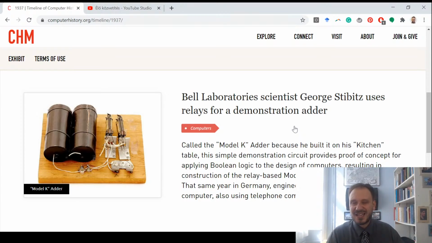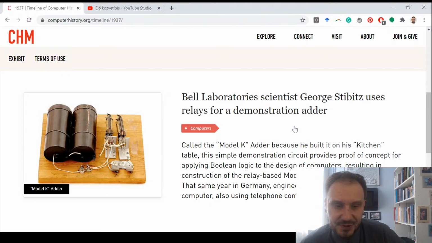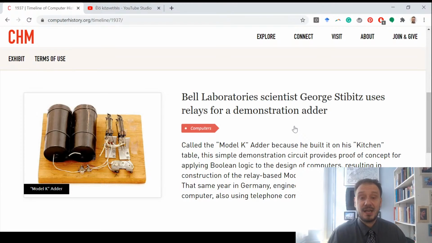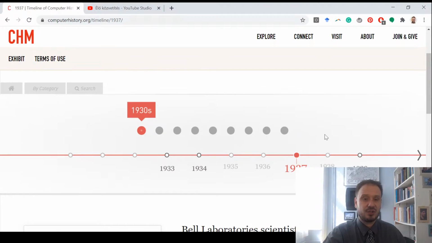It was a kind of complex calculator, but you can see that it lacked both a screen, display, and keyboard as well. The same year in Germany, a fellow engineer, Konrad Zuse, built a computer, the Z2, also using telephone company relays, but later, as we can see, the Z3 and Z4 models already featured newer and more advanced technology.